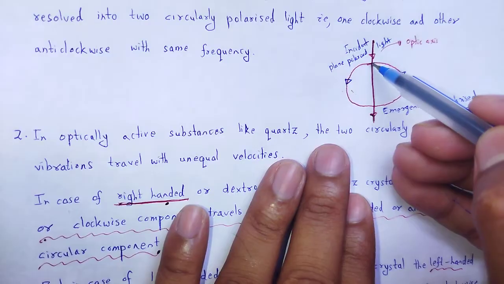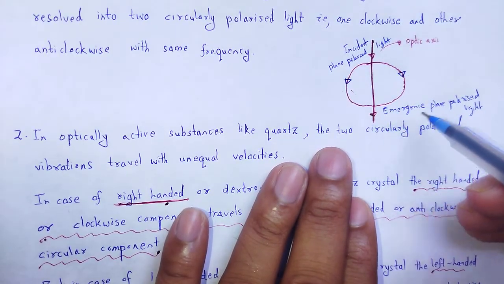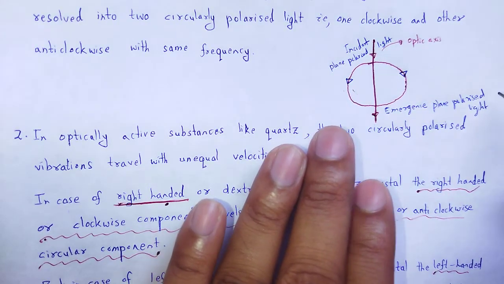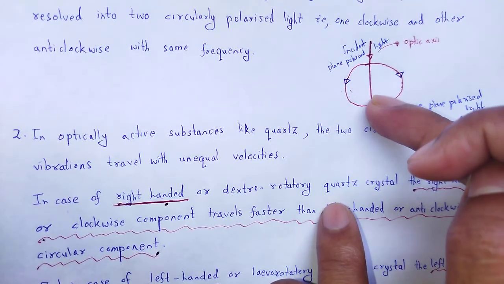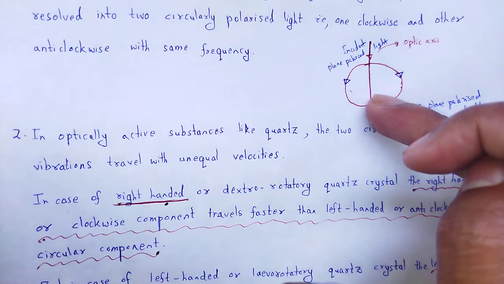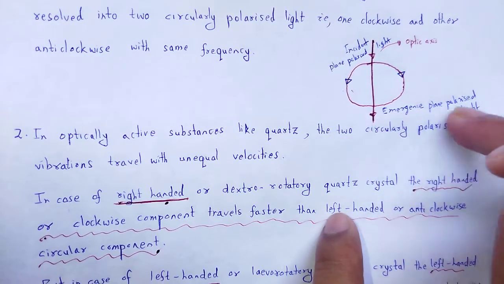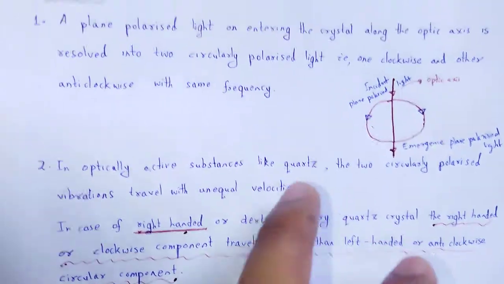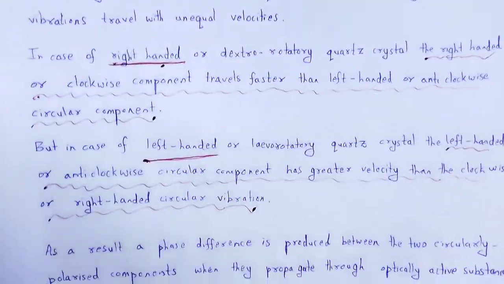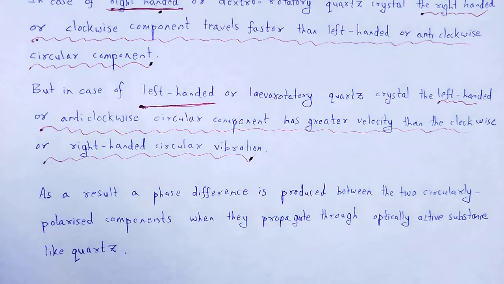Plane polarized light incident and plane polarized light emergent means these two circularly polarized components now superimpose with each other, and finally we obtain plane polarized light. These are the assumptions proposed by Fresnel regarding optical rotation.